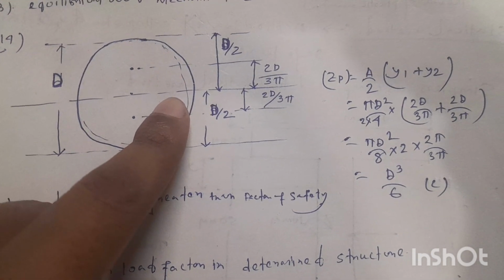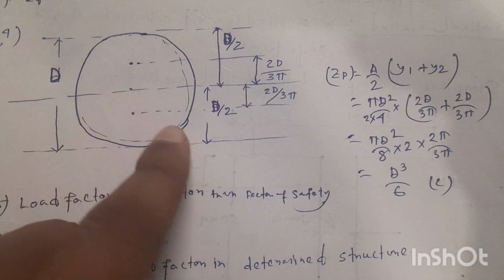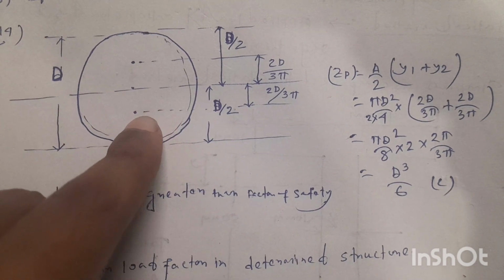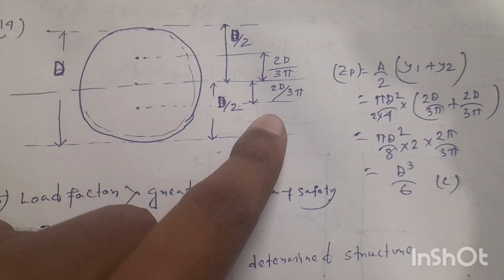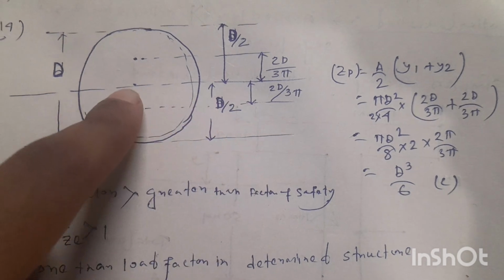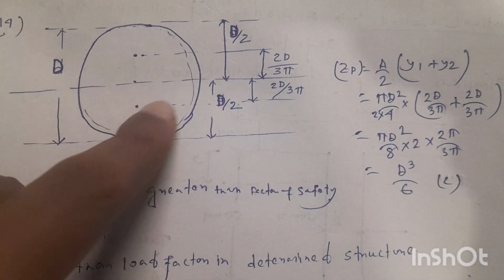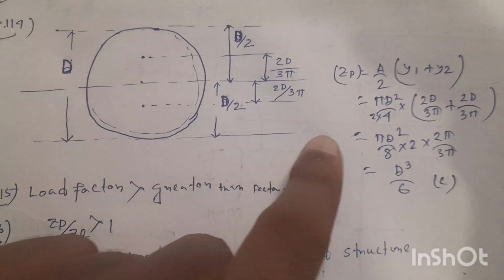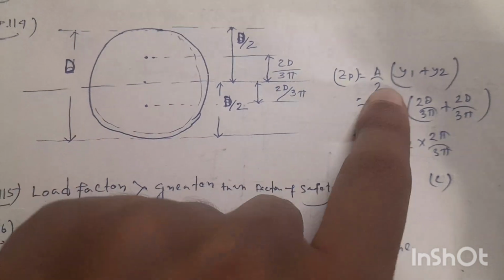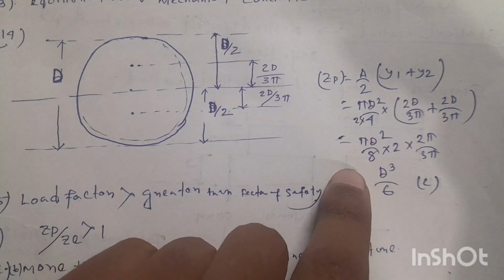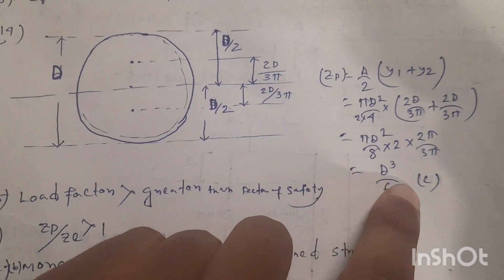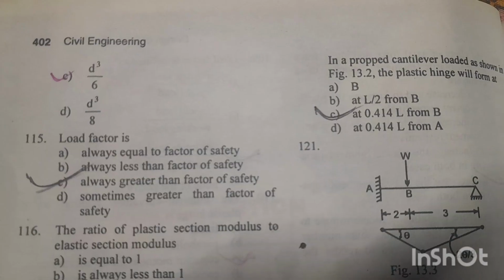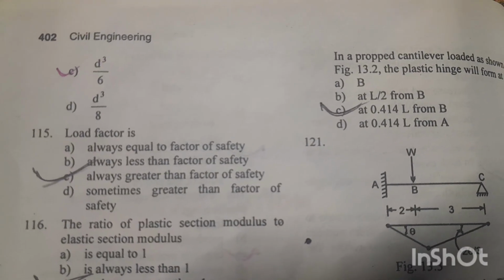And similarly y2 will be equal to 2d by 3 pi, which is the distance between the neutral axis and the CG of this bottom portion. Area pi d square by 4. So if we put the value into this equation, we will get the Zp equal to d cube by 6. Option C is right answer.